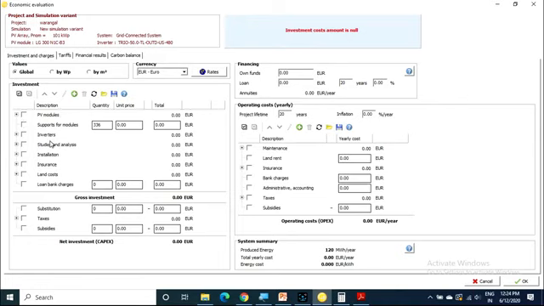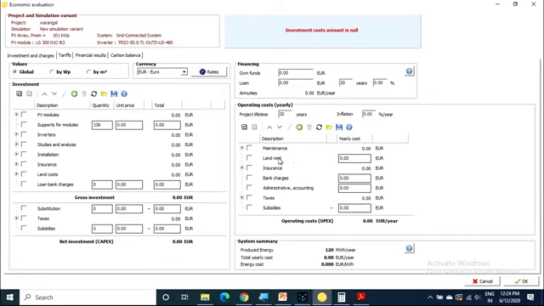This is the loan, how much loan you have taken from the bank to install the system. This is the investment cost. You also have to know the installation cost, insurance cost, land cost, all these things. Just enter the values, then click on OK, then it will give the economic evaluation. That is not a big deal.